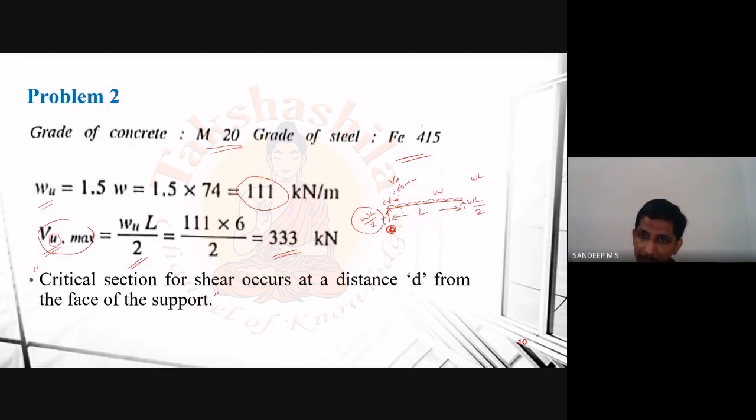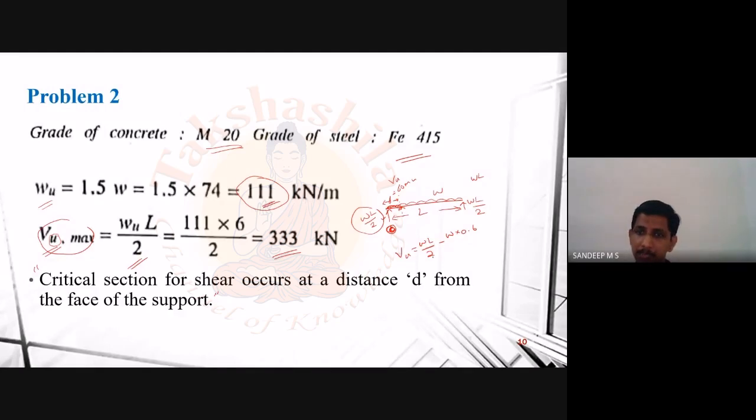You know that the support reaction is WL by 2, and you have a UDL spanning over this 0.6 meters. Therefore, VU at this location, as you have already learned from drawing the shear force diagram, will be WL by 2 minus W into 0.6, where W in this case is 111.